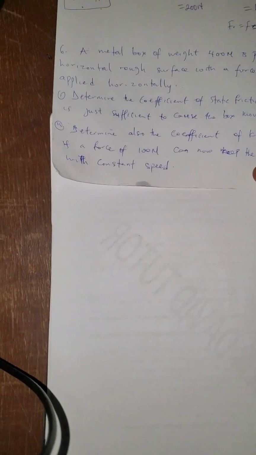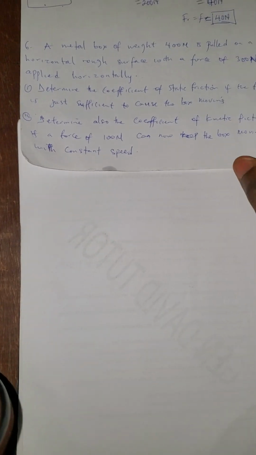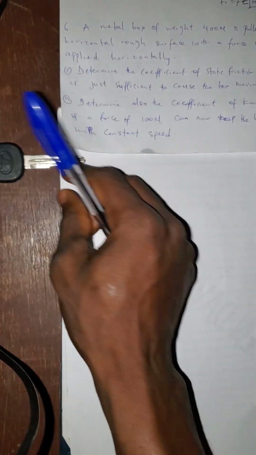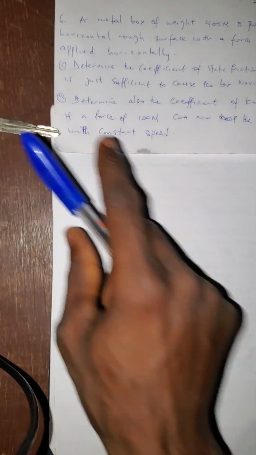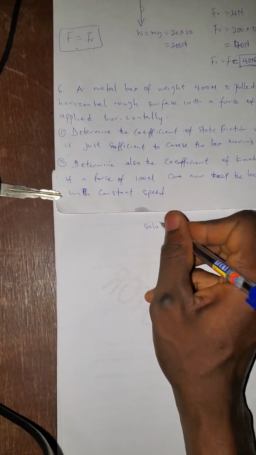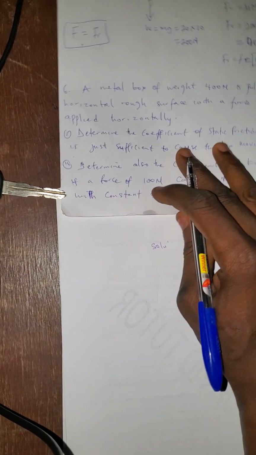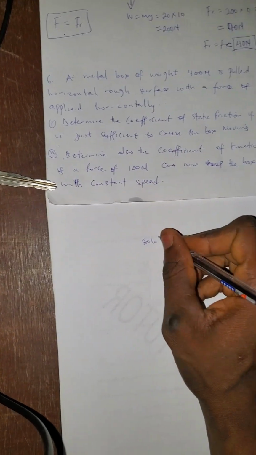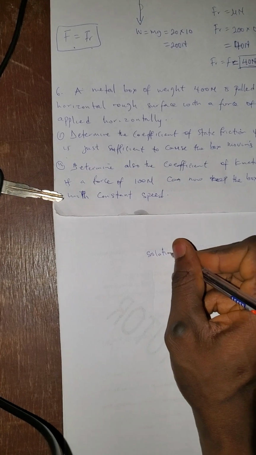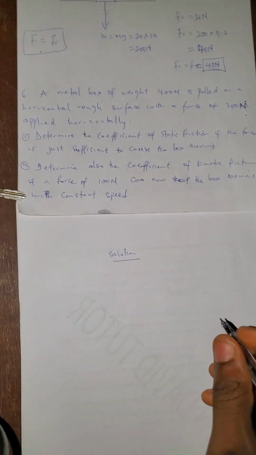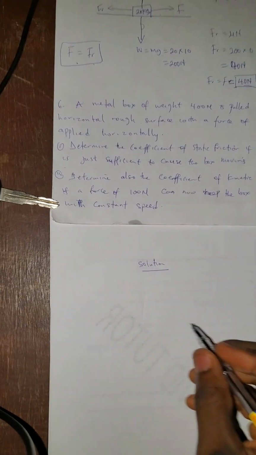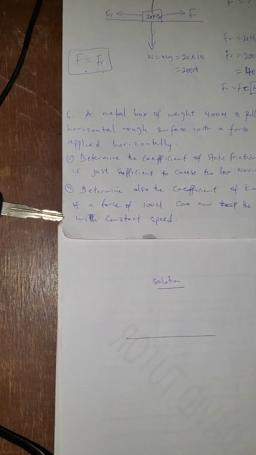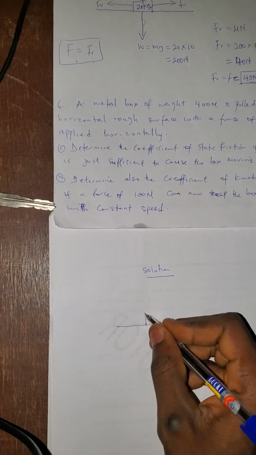Now with this question, let's look at how we are going to resolve it. The solution. The question says a metal box of weight 400 Newton.